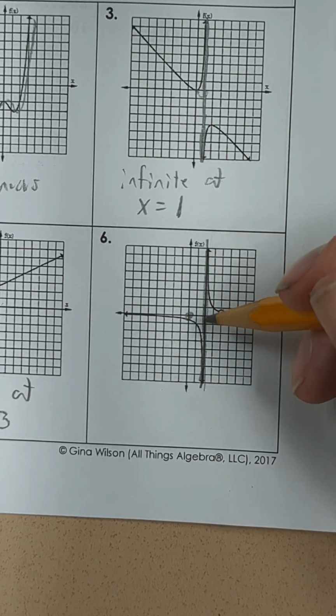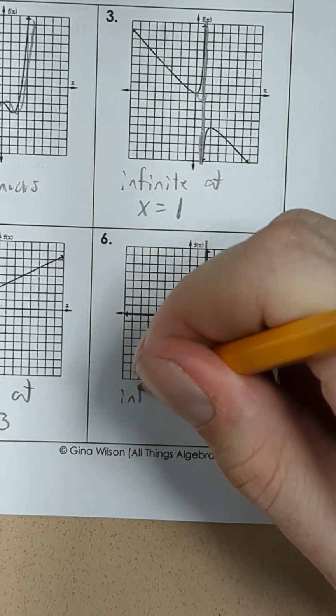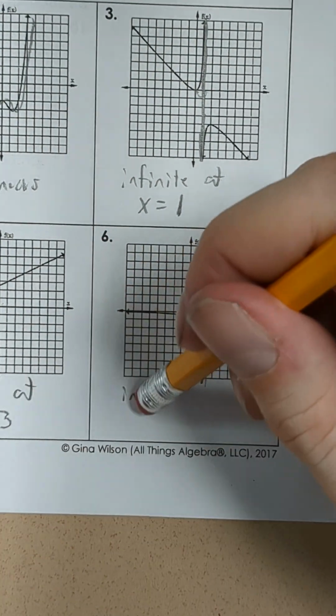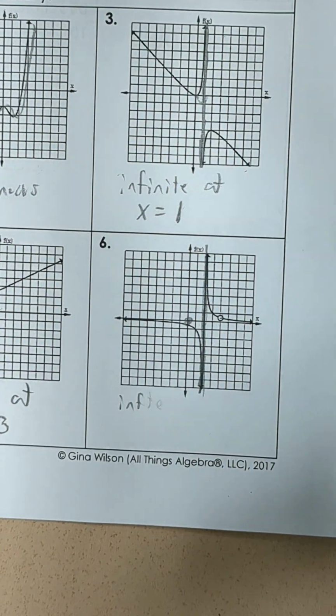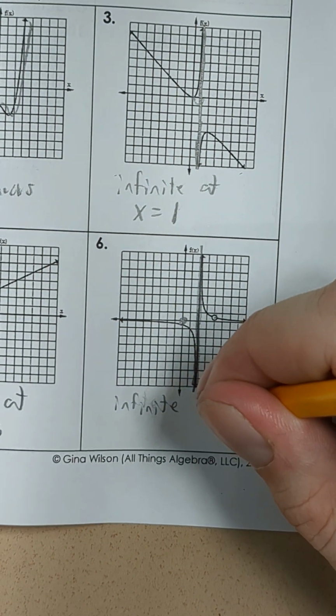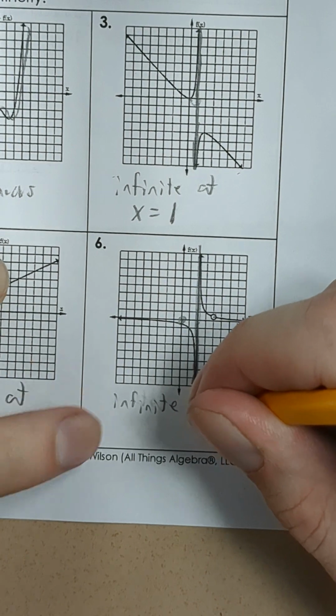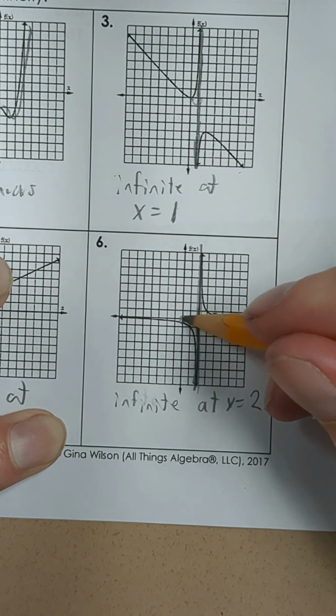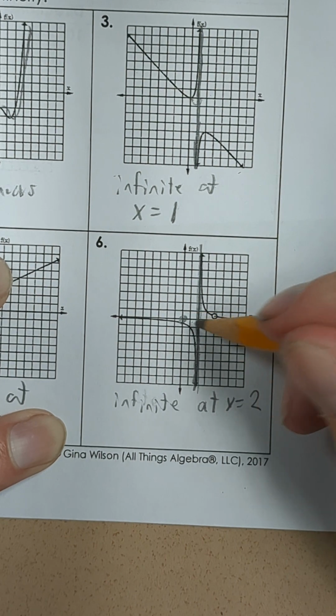So the wall I see, which is called an infinite discontinuity, that's not how you spell infinite. Infinite discontinuity. And where is it located? It's located at x equals 2. 0, 1, 2.